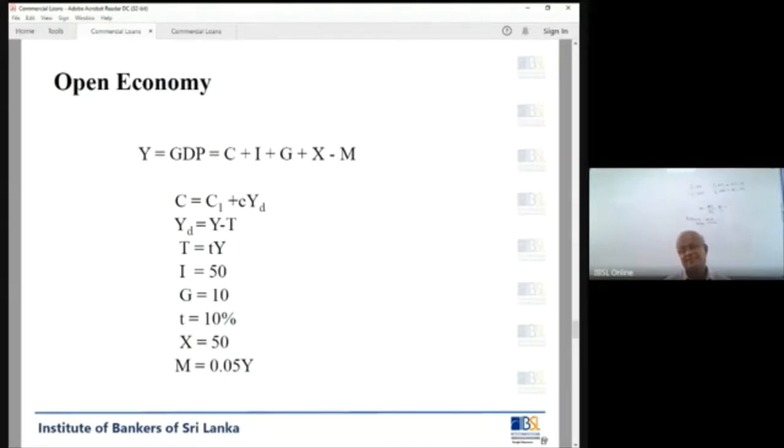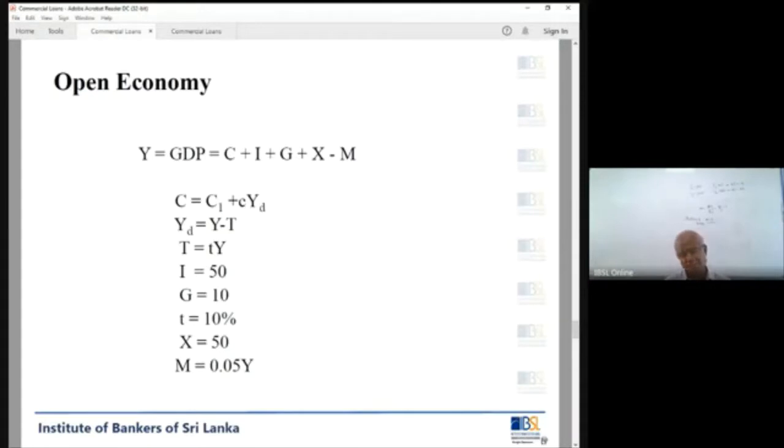YD. Then what is taxes? The tax system is not lump sum. Here we assume it is proportional taxes. 10% of your nominal income is tax. Taxable income, let's say 1 million, and you pay taxes of 100,000. T equals tY. I is 50 as earlier, G is 10 as earlier.